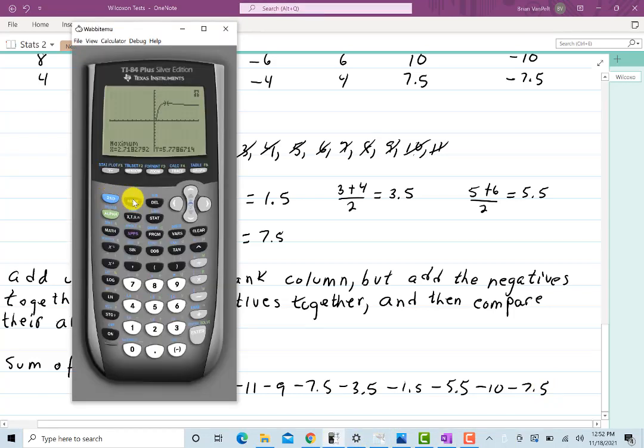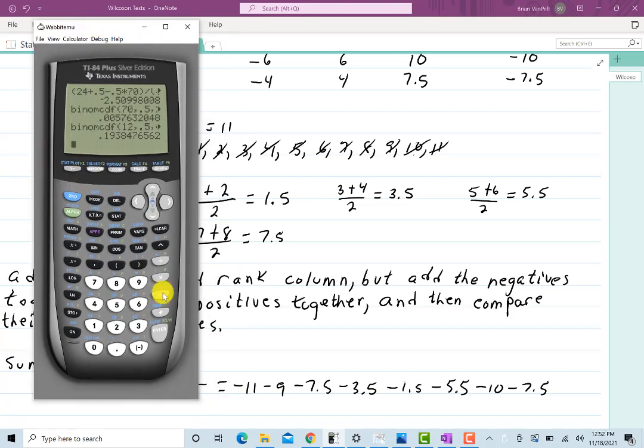Whatever screen you're in, quit it. Let me move this thing out of my way. All right, for the initial negative 11, don't forget to push this little negative button.